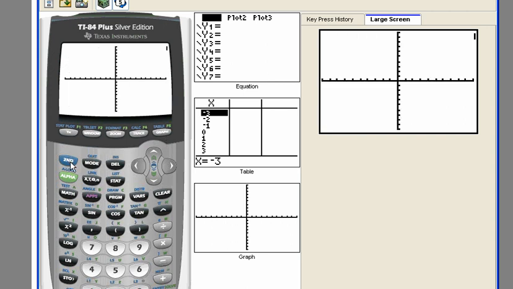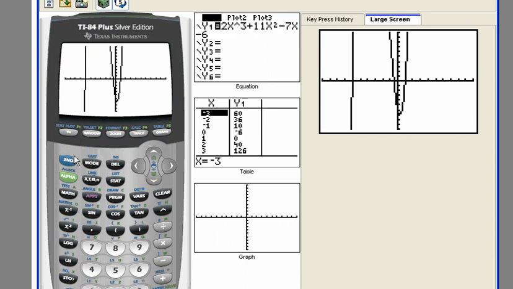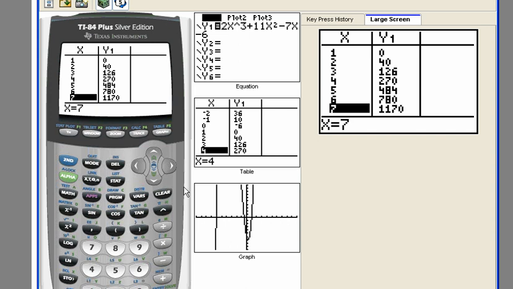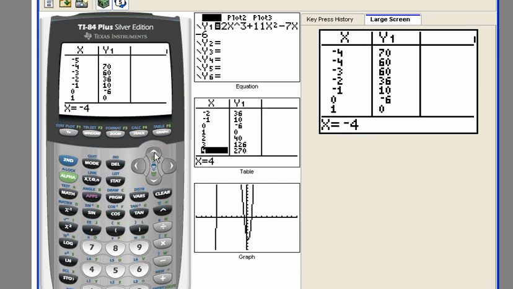I'll graph it, and I'll go to the table feature and just see if it picks up those values that we've indicated when we did the algebra. There's our table. There's the value of 1 that we got initially. Gee, let me go the other way. Hope I didn't type it in wrong. Ah, there it is. There's the other one, a negative 6.